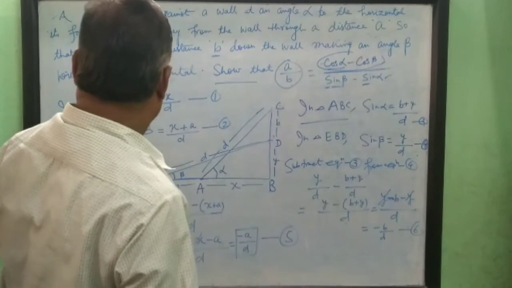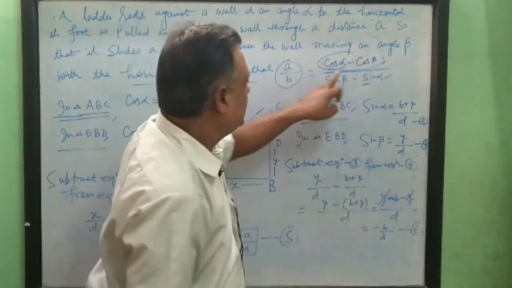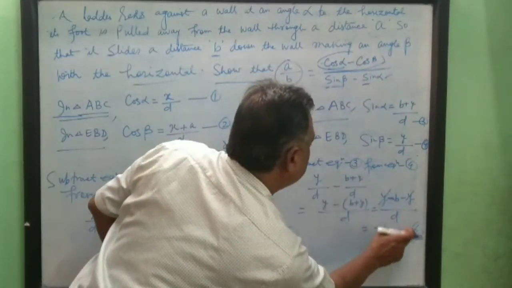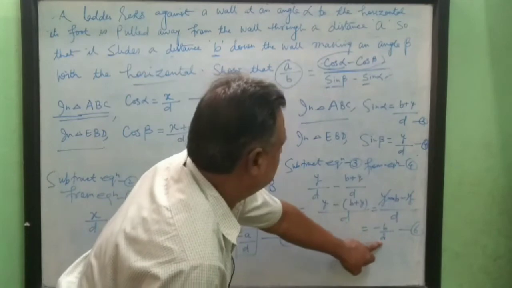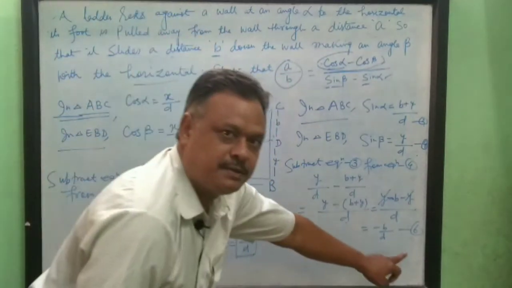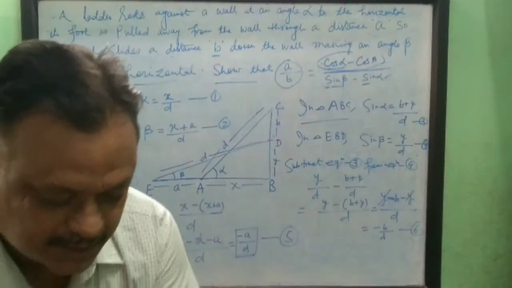Now what we have to do? We have to divide this cos alpha minus cos beta divided by sin beta minus sin alpha. So dividing equation 5 by equation 6. Note down up to here.